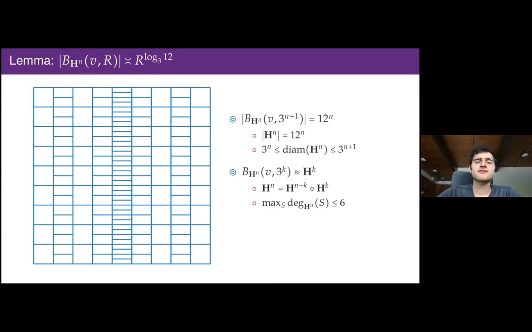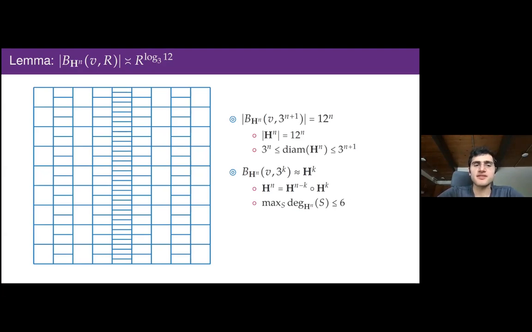To put it another way, note that these Hn consist of 3 to the n columns, and in each column you have some tiles of a fixed height. The claim is that the ratio of the heights of adjacent tiles is at most 2.